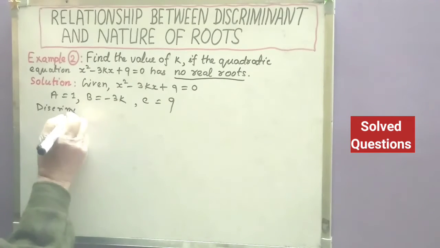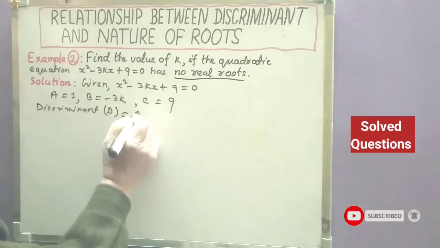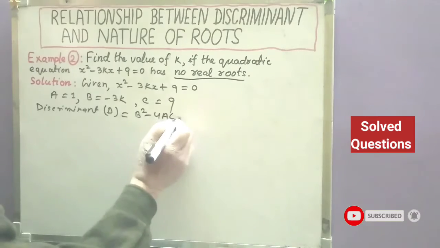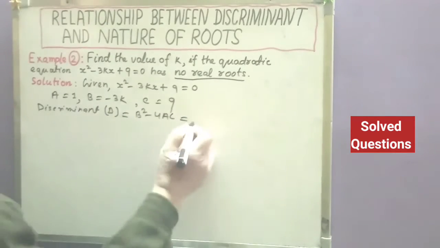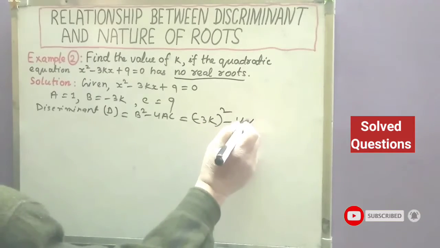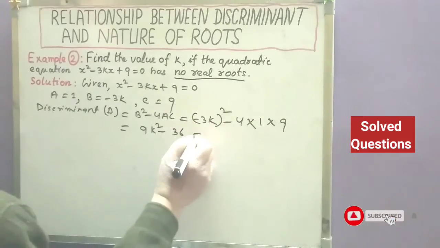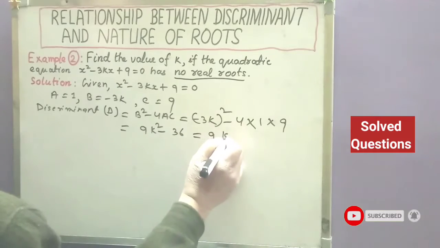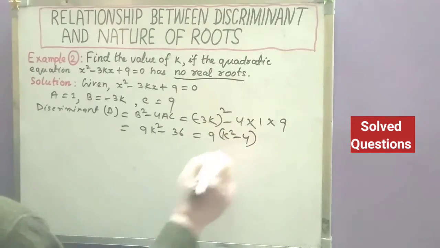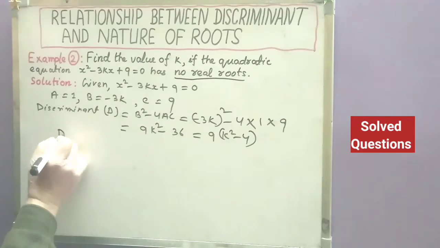Now, discriminant D = b² − 4ac, that equals (−3k)² − 4 × 1 × 9, that's equal to 9k² − 36, that equals 9(k² − 4).